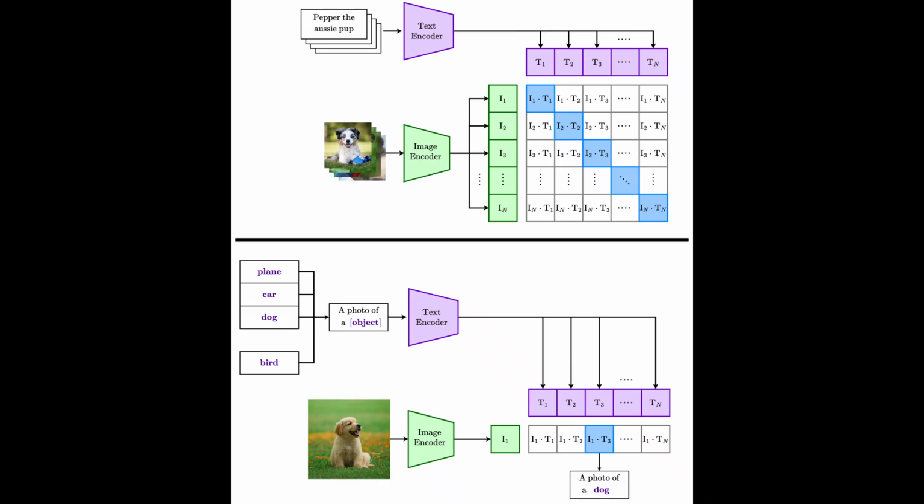Then we check all the possible text patches that can be placed in this slot we call object, and we take the one which is most highly correlated with the given image embedding. So that is it. CLIP is very simple but very interesting, and thank you.